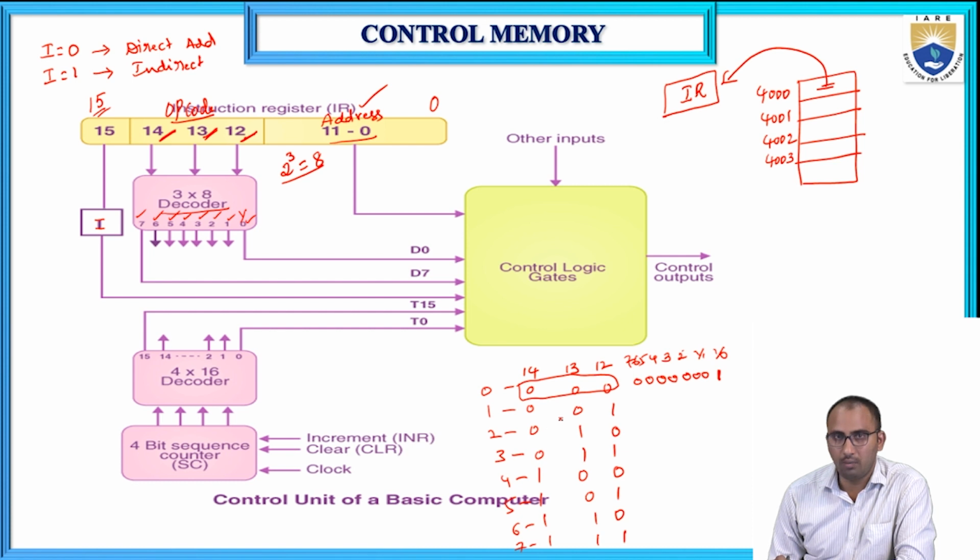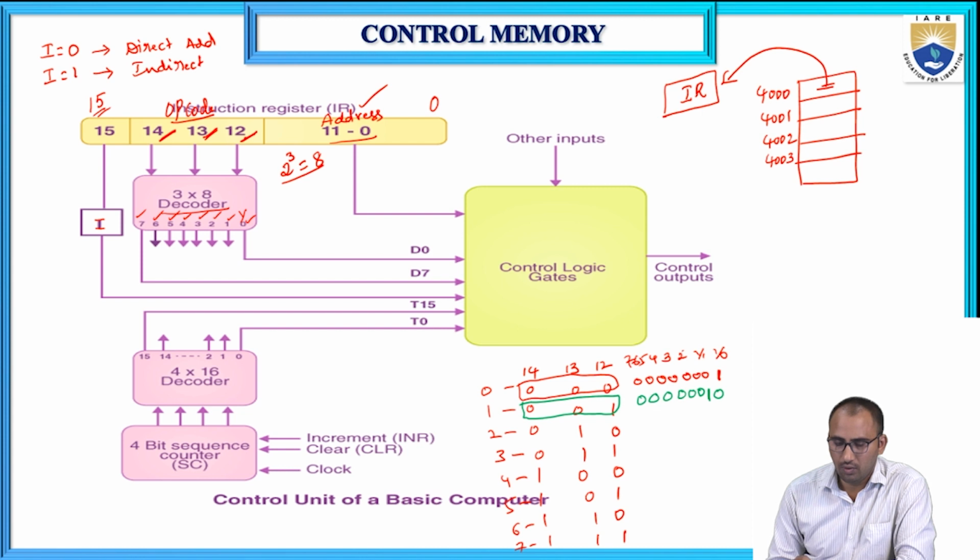Similarly, when the input combination is 0, 0, 1, then y1 will be logic 1 and all the remaining bits will be logic zeros. In this way, only one output will be high. Based on the input combinations, one of the outputs will be logic high and all the remaining are low. Like this, we can perform 8 different operations.